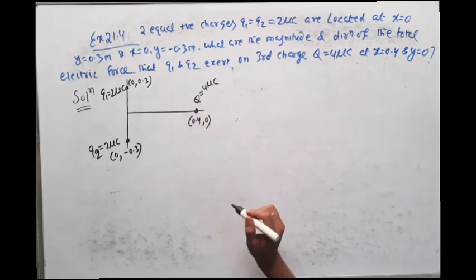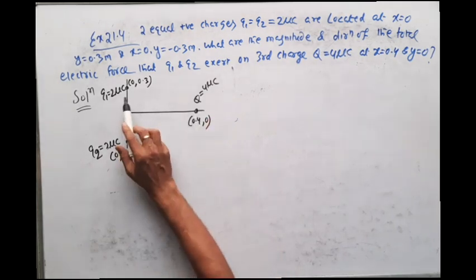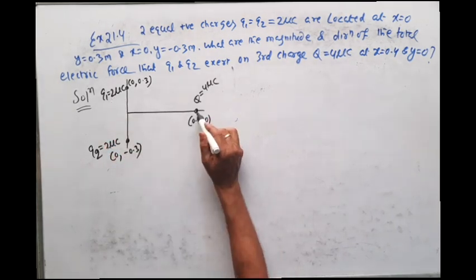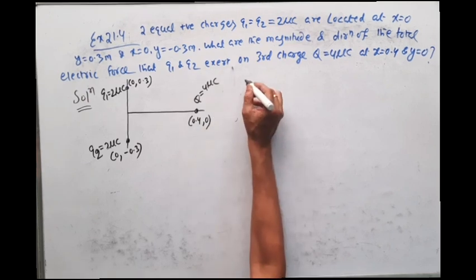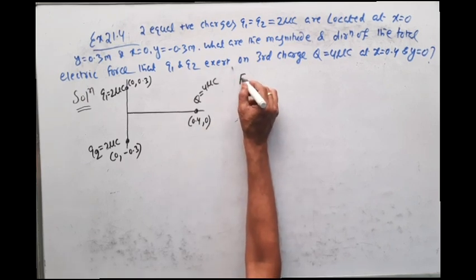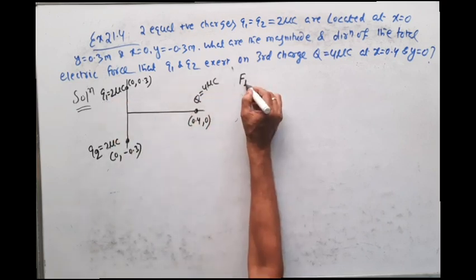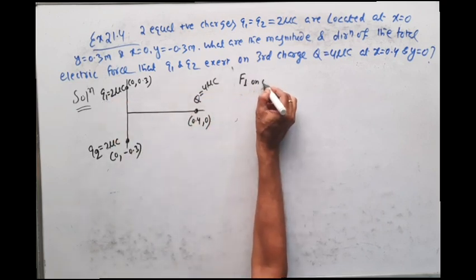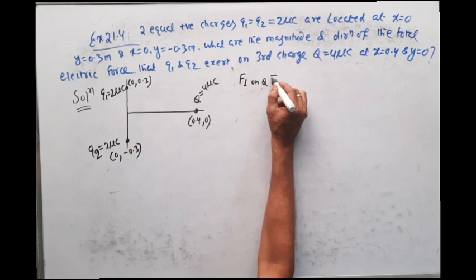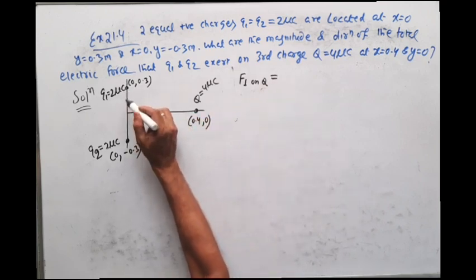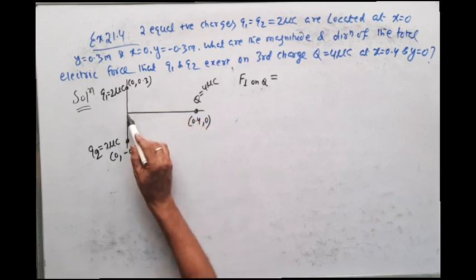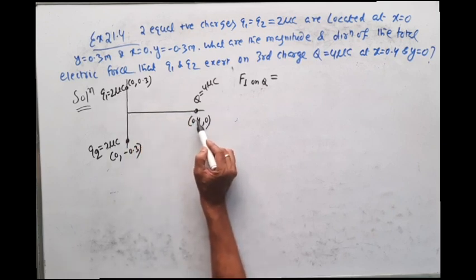So how will you find? Now see, this is positive, this is positive. First we will find the force by Q1 on Q charge. You see, this distance is 0.3, and the distance from here to this point is 0.4.